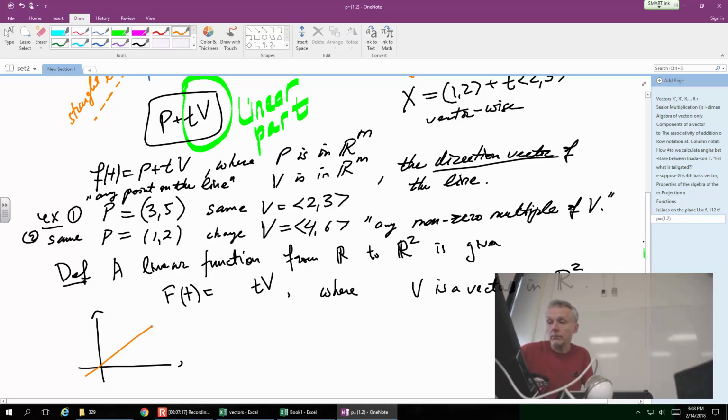So if this is x and this is y, this is the image of f.